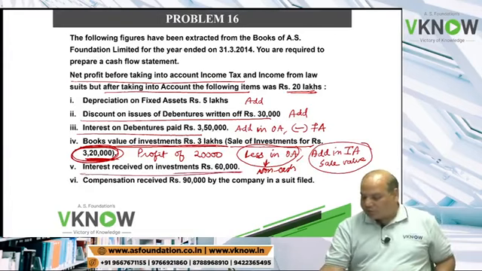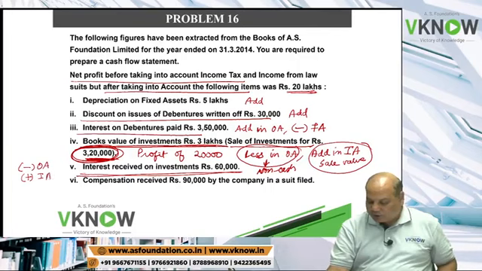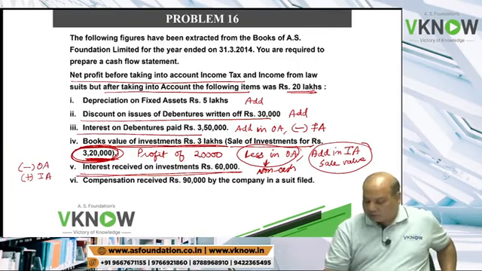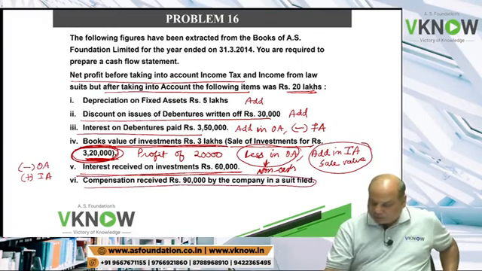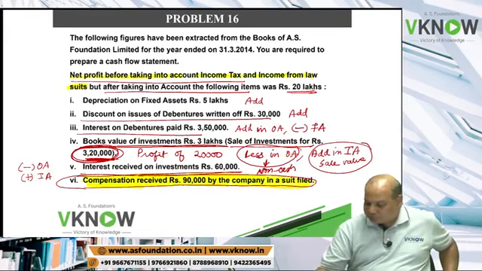Interest received on investment 60,000: minus in operating activity and add in investment activity. Compensation received of rupees 90,000 by the company in a suit filed. Now the question says net profit before taking into account income tax and income from lawsuit, so this is not included in the profit figure.